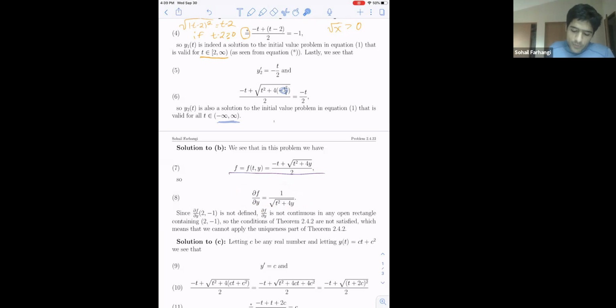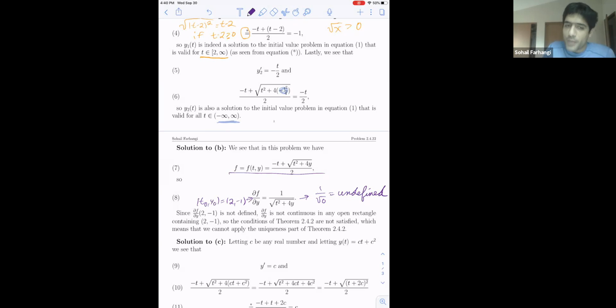So this y partial derivative, if I try to evaluate it at 2 comma negative 1, which is the t0 comma y0 in theorem 2.4.2, then I get 1 divided by square root 0, and that's not good because 1 over the square root of 0 is undefined.